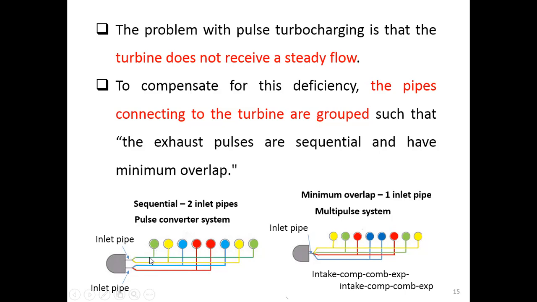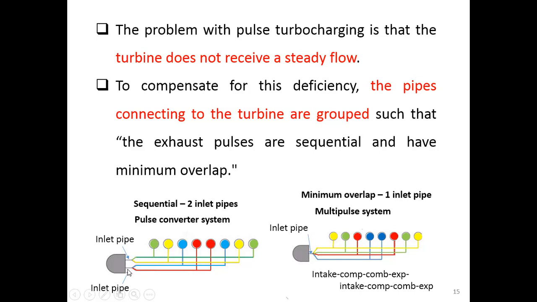So when this green pipe has the exhaust flow, the second exhaust flow will go into either the blue or the red one, because the first inlet pipe already had the exhaust flow. So the next exhaust flow has to go to the second pipe.